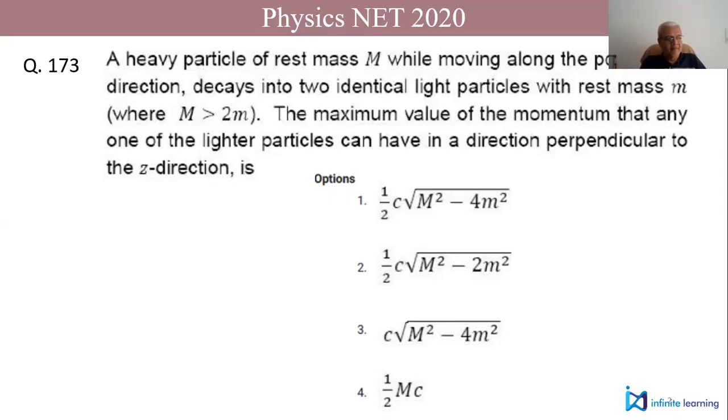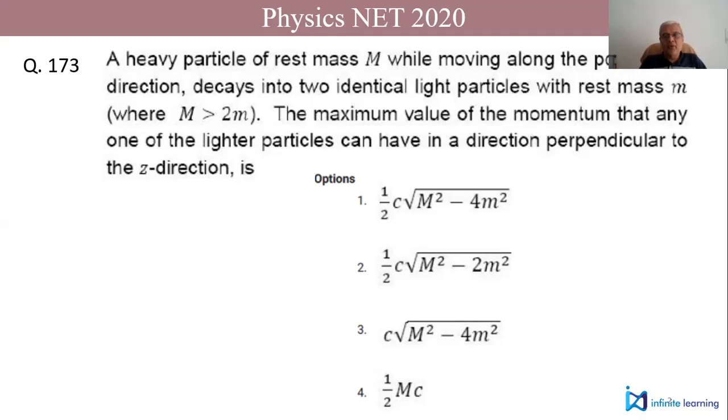How did the half come? I'm sure about the rest of the c and m square minus 4m square, and 2 small m. You have to say the momentum of each of the particles, one of the lighter. So I think the answer is A.